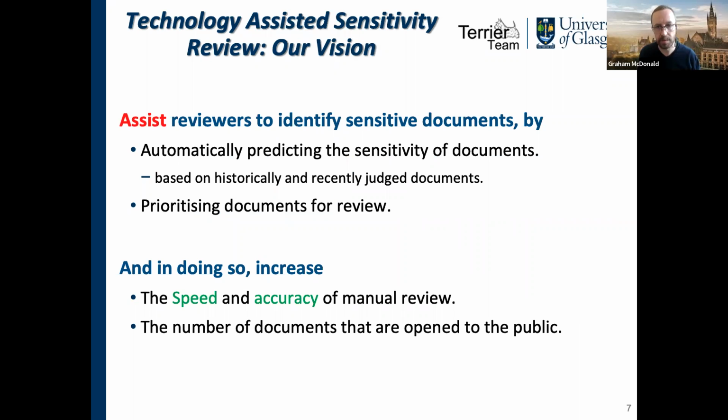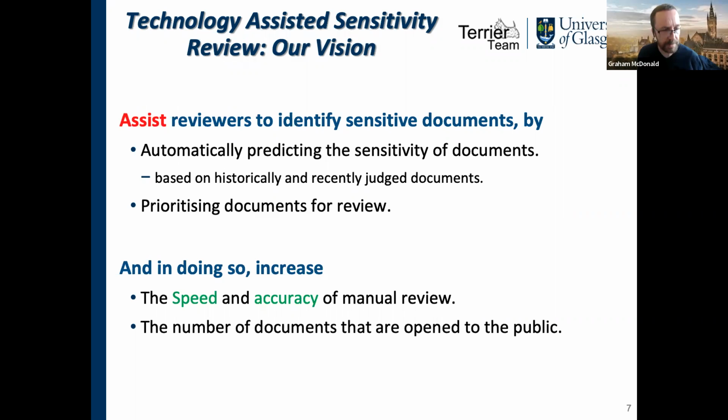We're not trying to replace the humans at all, but we're trying to automatically predict the sensitivities within the documents based on historical and recently judged documents, so that we can provide the reviewers with useful information such as predictions of sensitivities, and we could also prioritize which documents should be reviewed at a particular time to make things easier for any particular context. So in doing this, we are aiming to increase the speed and accuracy of manual review.